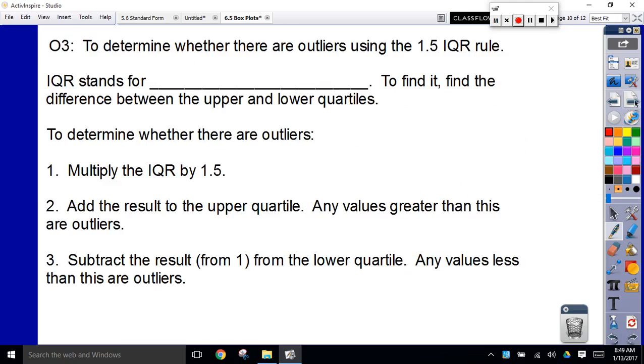Okay, last objective. Let's see how we're doing for time. We're doing well. IQR stands for what? I already told you guys this once. Kat? Interquartile range. Good. And when you're finding the interquartile range, you're just looking at the difference between the upper and lower quartiles.